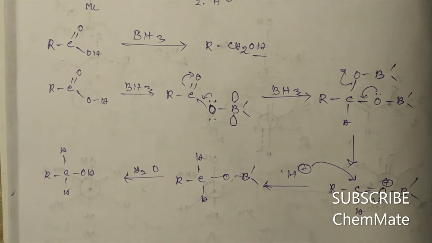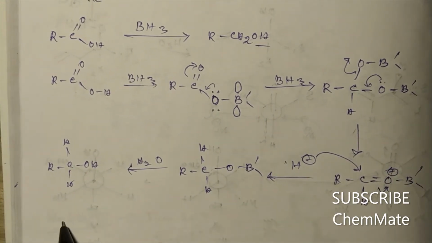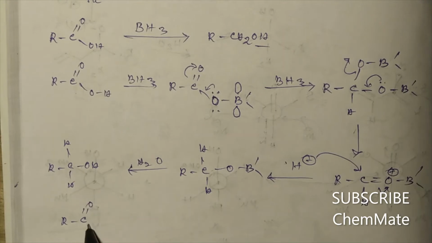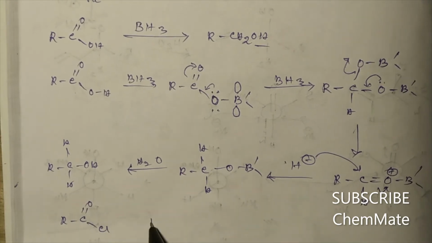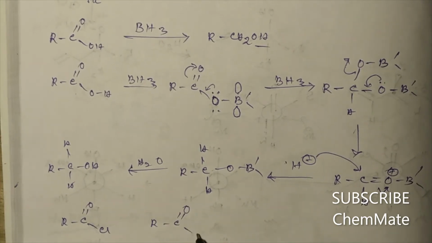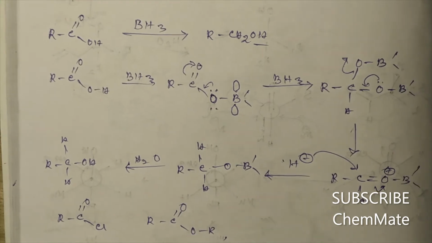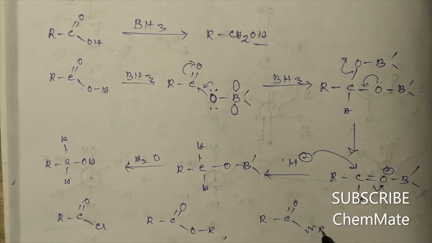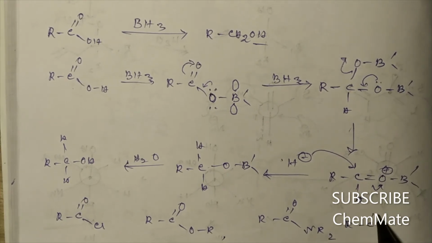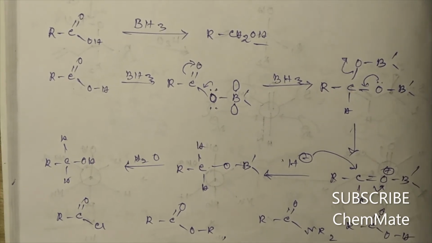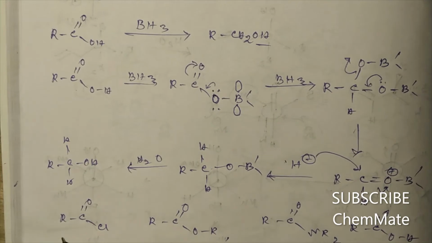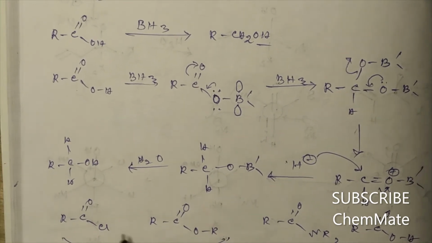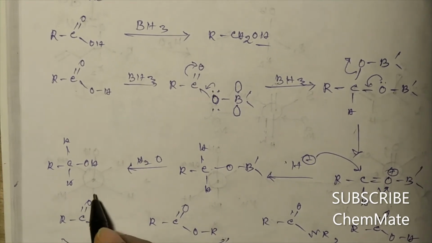Now if we compare the other substrates like acid chloride or ester, amide and acid, between these four substrates, these two are electron poor, having an electron poor carbonyl group.